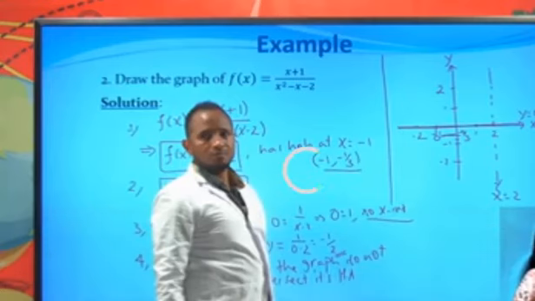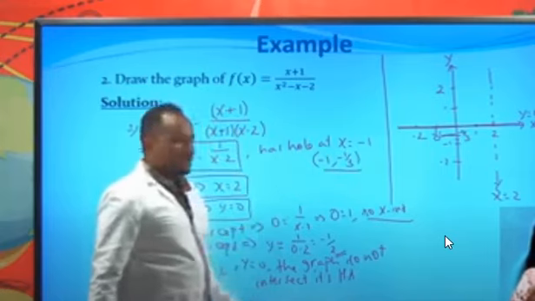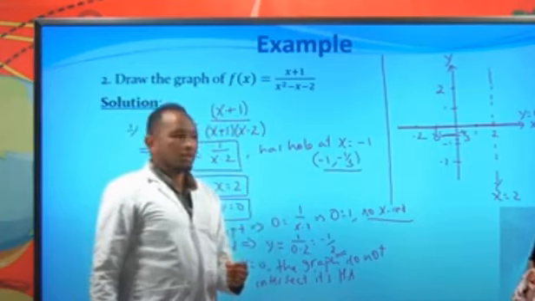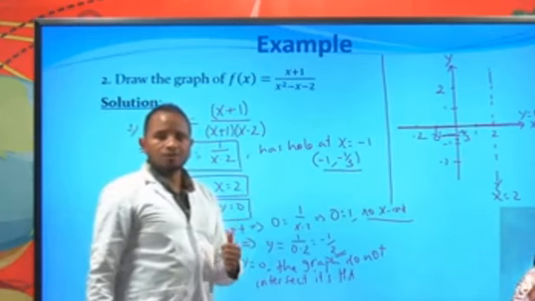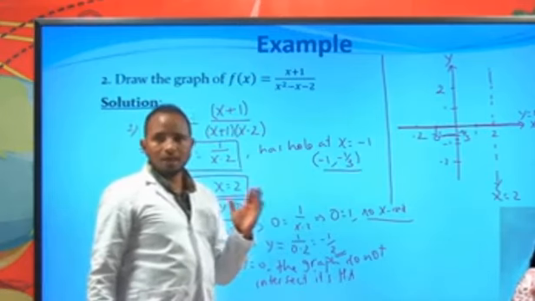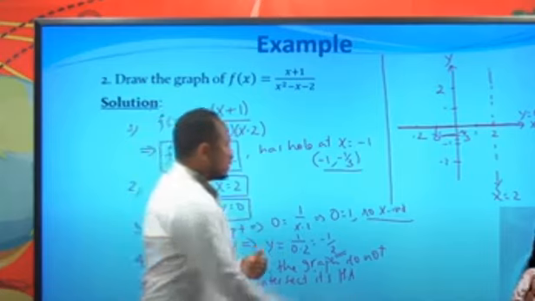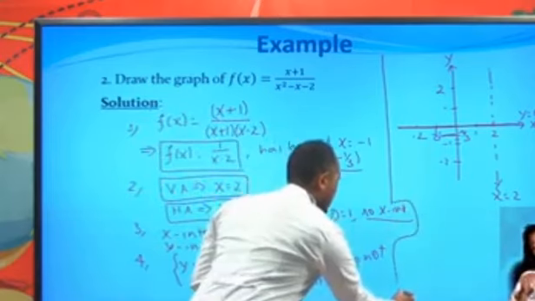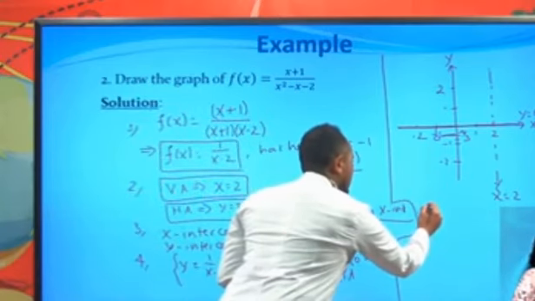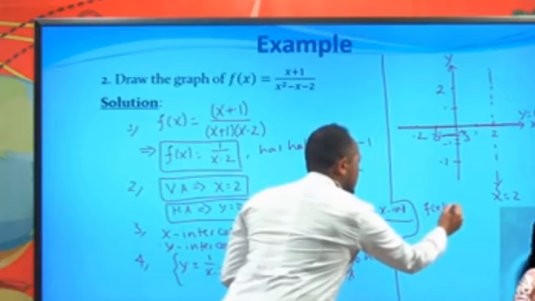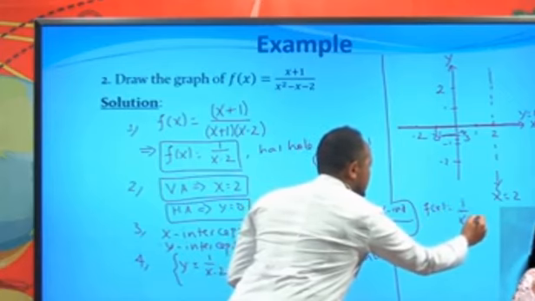Therefore, our function f of x goes to negative infinity. So from the left side of 2, it approaches its horizontal asymptote and does not cross. So it moves like this. This will be the graph of f of x is equal to 1 over x minus 2. So this is it.